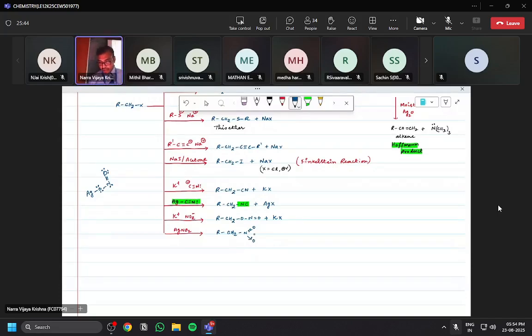What is the difference between these two? What is this one and what is this one?